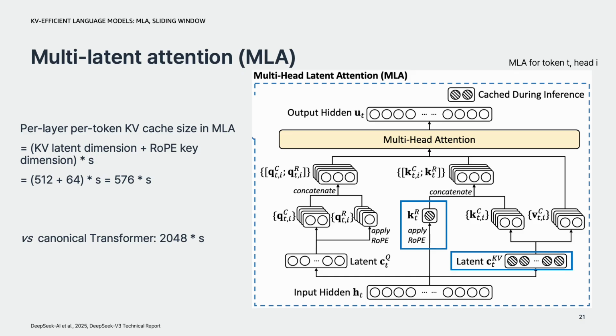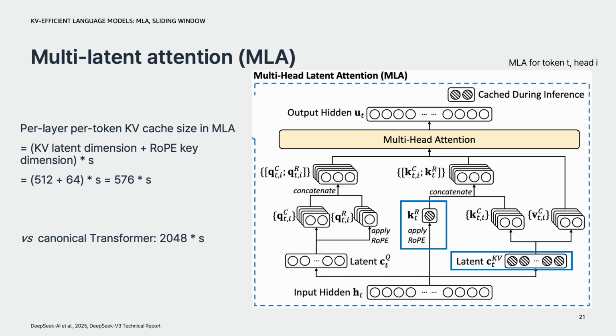The way to calculate the per layer per token KV cache size in MLA is the KV latent dimension plus the rope key dimension, times S. So this KV latent is the CKV and the rope key is the KR. And in DeepSeek models, this is given by 512 and 64. So this results in a KV cache size of 576 times S.